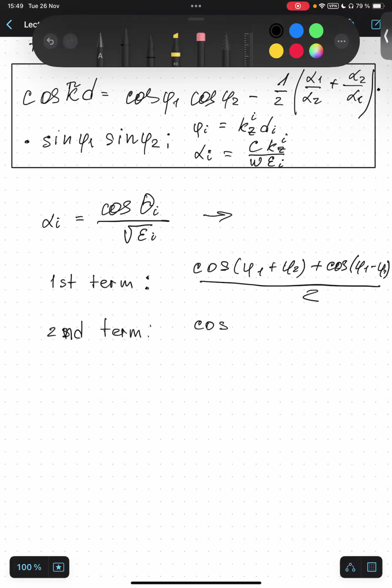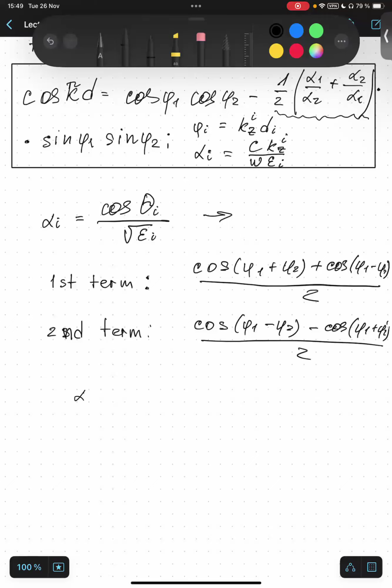Also the same, almost the same. Cosine is plus divided by 2, and the part with alpha here.